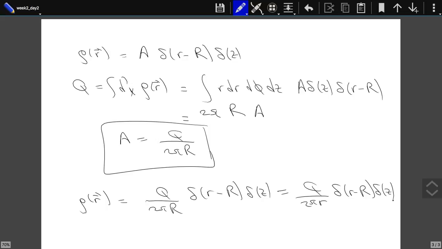And as long as it is inside an integral, if we are integrating over small r, the Dirac delta tells me that instead of the small r, I should put a capital R. So the integral of this function and the integral of this function will be the same all the time. So those functions are the same.